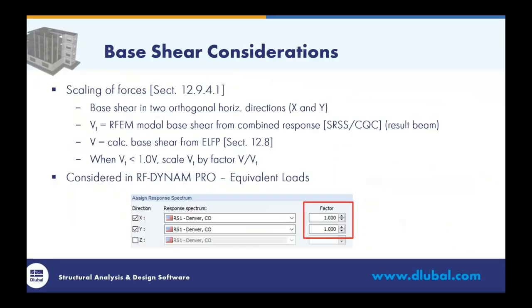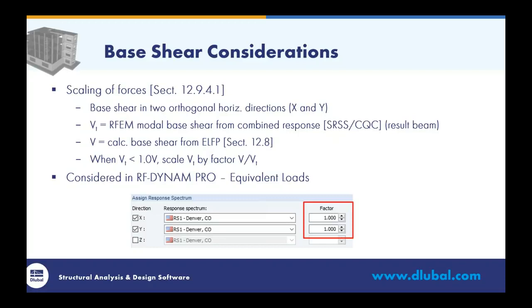Section 12.9.4.1 of the standard addresses scaling of our forces. And the code tells us that we need to determine the base shear in two orthogonal horizontal directions. And with our case today, that's X and Y. From here, the code has the variable V sub t.